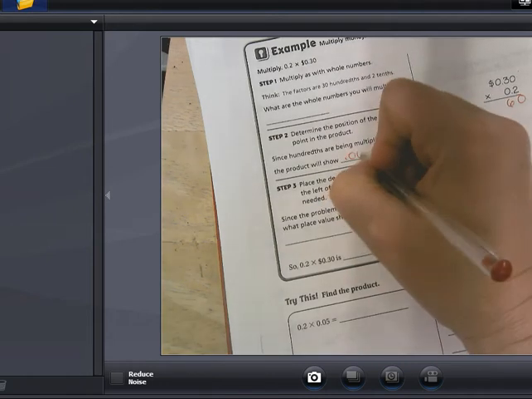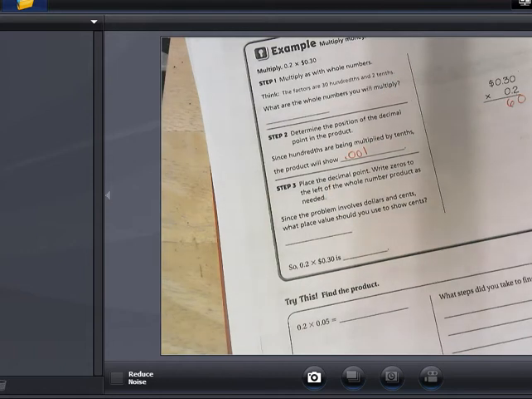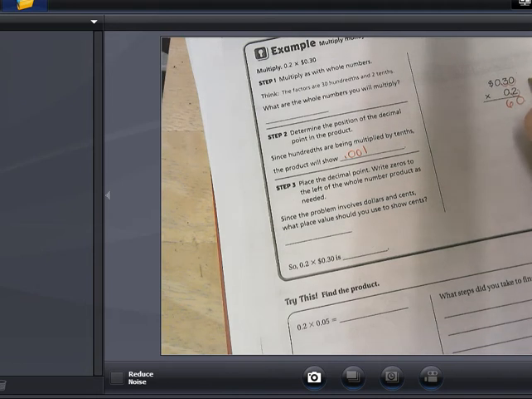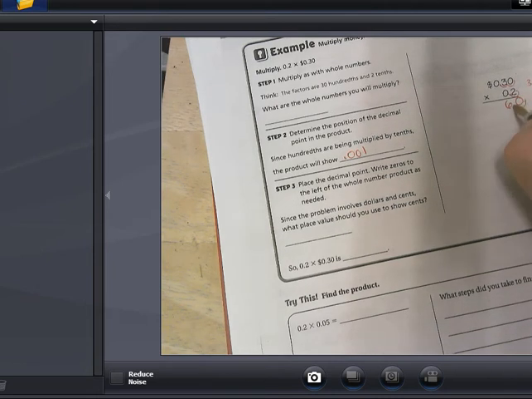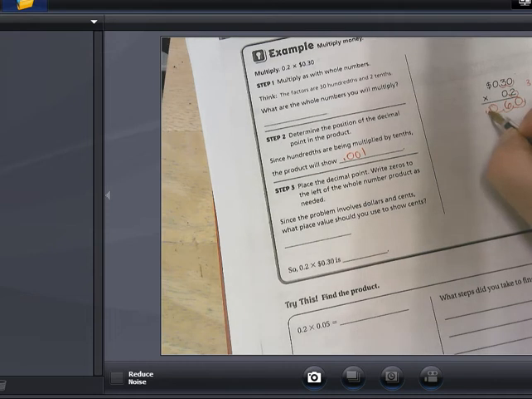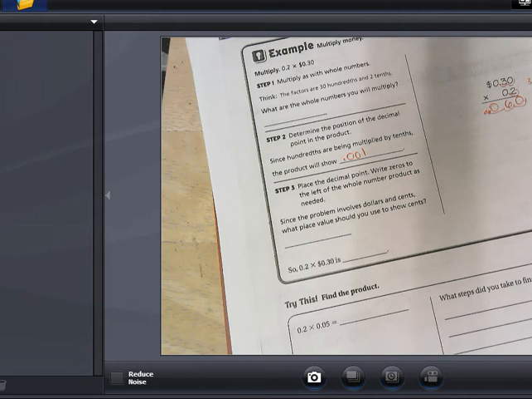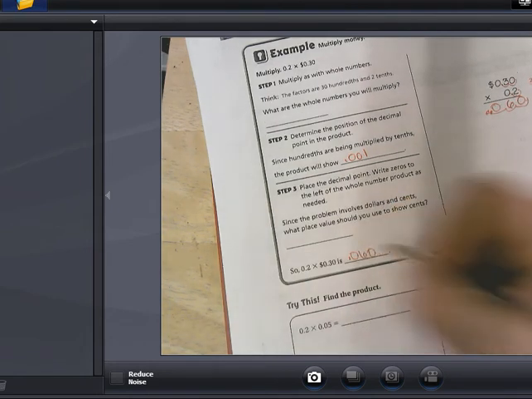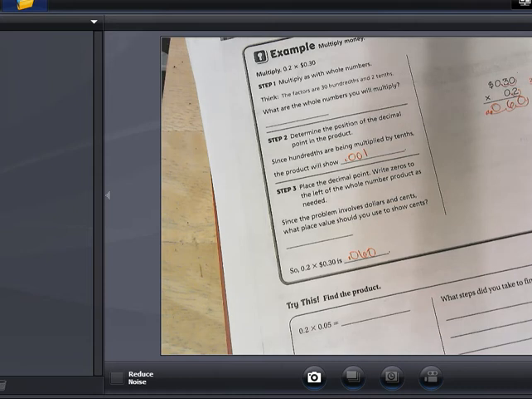So I know I've got to move it to get rid of the decimal. 1, 2, 3. So I've got to go in 3. 1, 2, 3. That's the thousandths place. Tenths, hundredths, thousandths. Does that make sense? So I know this is 6 hundredths or 60 thousandths.